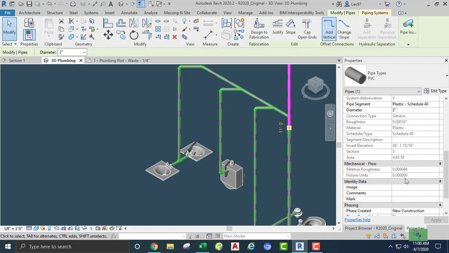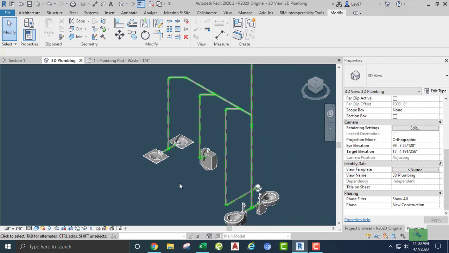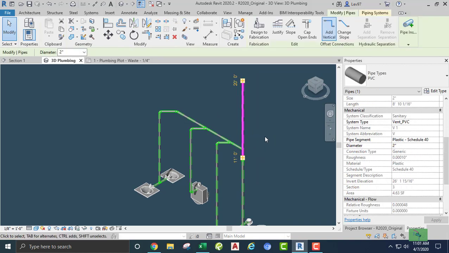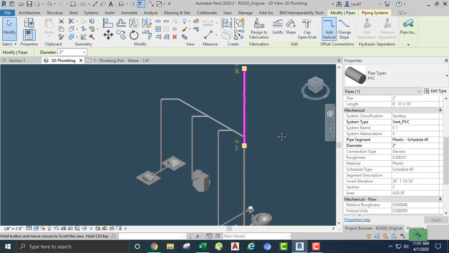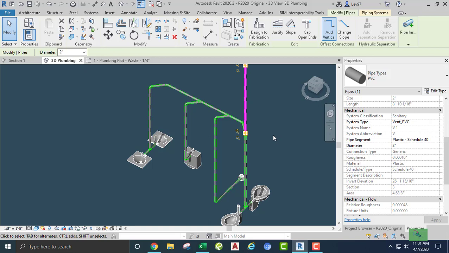Okay. So the fixture units here, and the reason I found out about this particular, that's another problem.